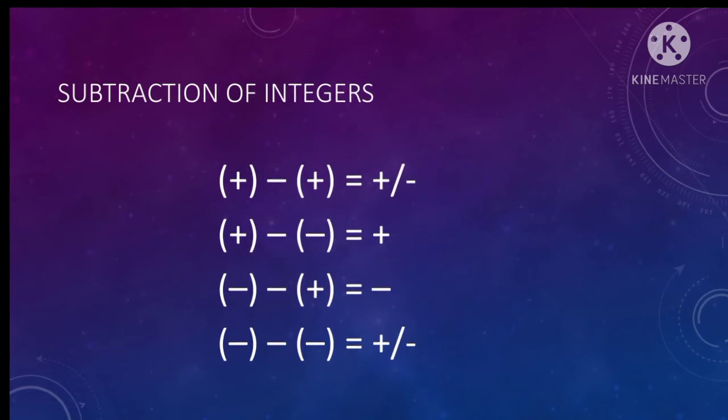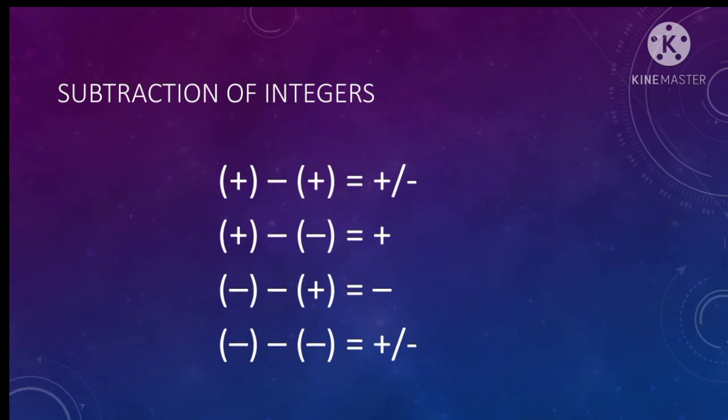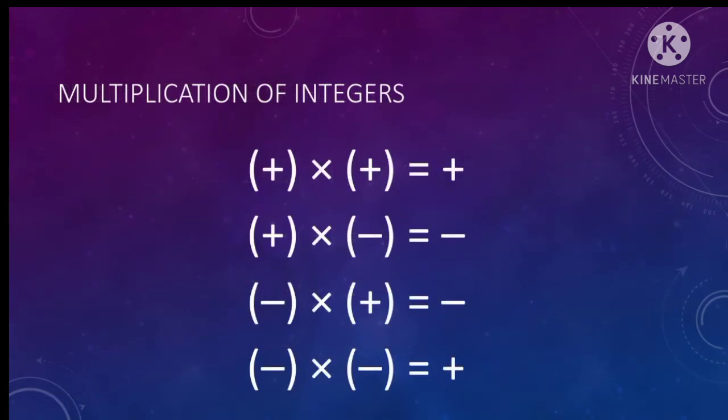But if the case is negative 4 minus negative 9, the difference is equal to positive 5. So in subtraction and addition, the signs of the given numbers matter.